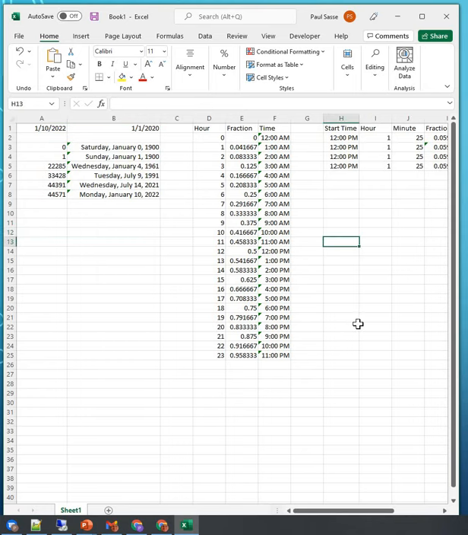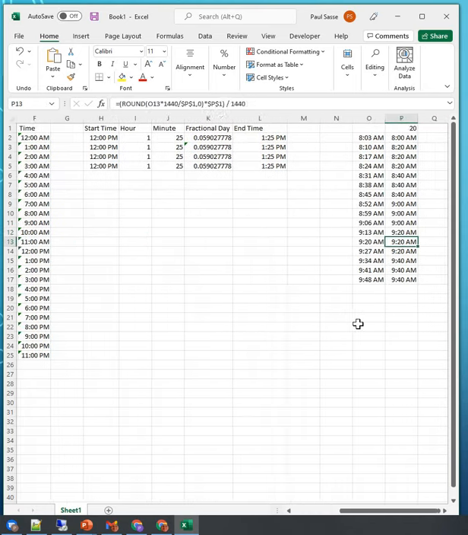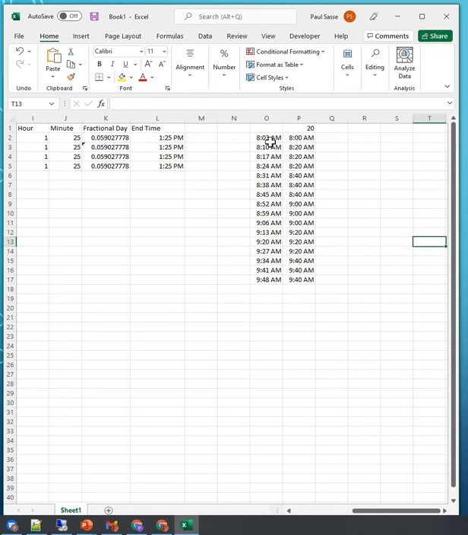For example, I just did this as a quick example, where I've got a bunch of times, and I'm going to round it to the nearest interval. So I wrote a formula that will round it, and depending on what you put here, it'll round to that interval. So this is going to round to the nearest 5-minute interval, or I can change it to the nearest 15-minute interval, nearest 30-minute interval, or whatever.